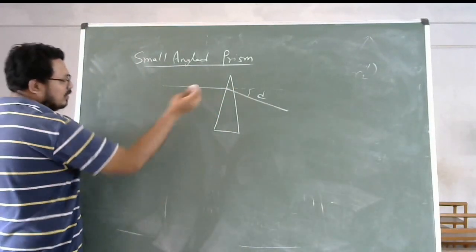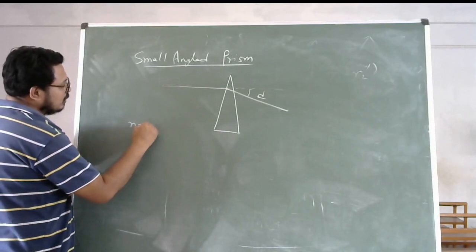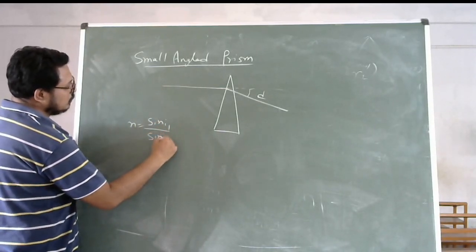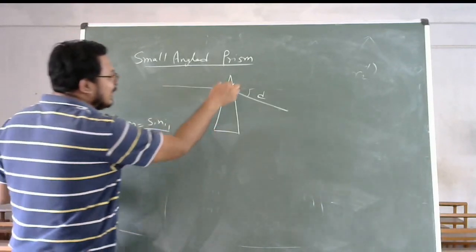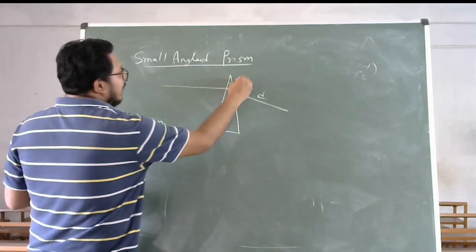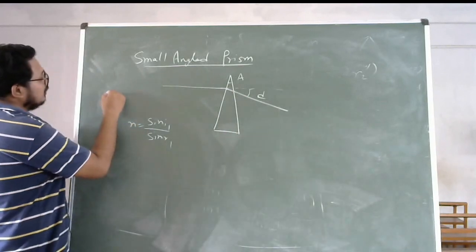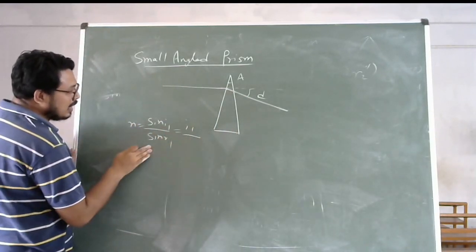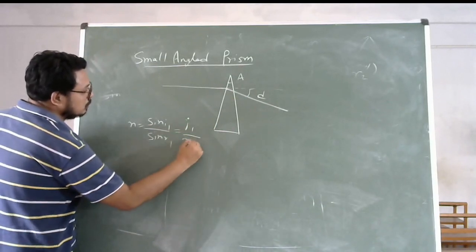So now for the first surface, what do you know? We know that n equals sin I1 by sin R1. As the angle A is too small, we can write sin I1 almost equal to I1, and sin R1 almost equal to R1.